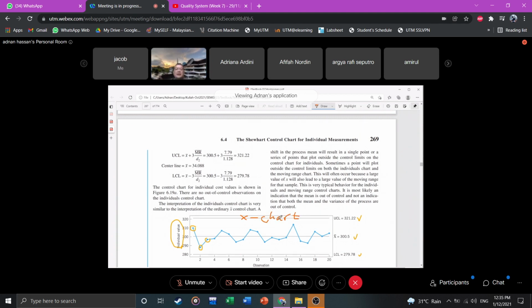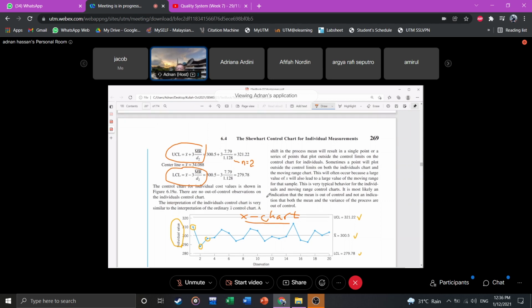I've explained earlier how we can get it. This one is for our control limit for X chart, and D2 from the table, where n equals 2. Don't confuse with n equal to 1, because we are using 2 values for this example. So the lower control limit, the difference is only the symbol here, minus.